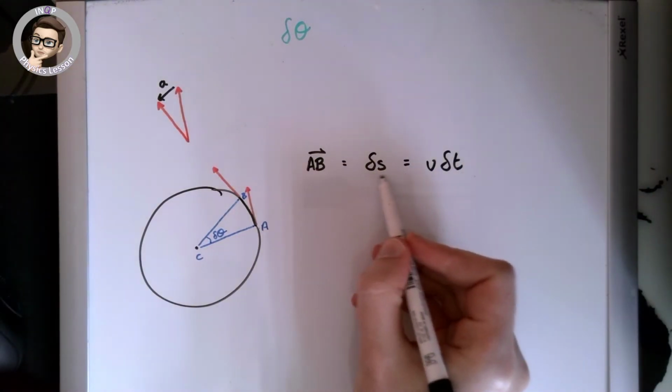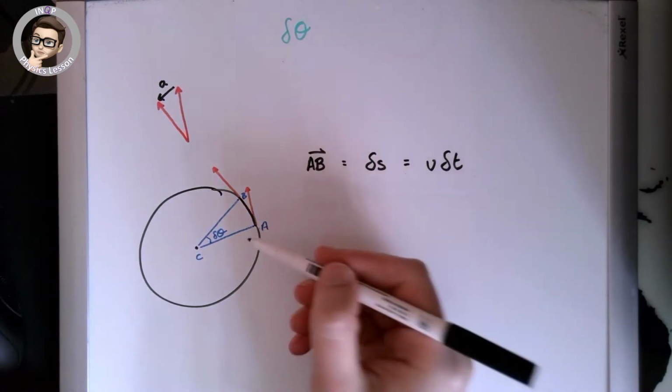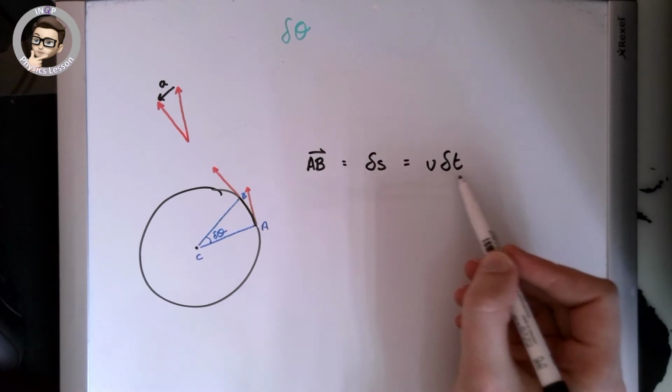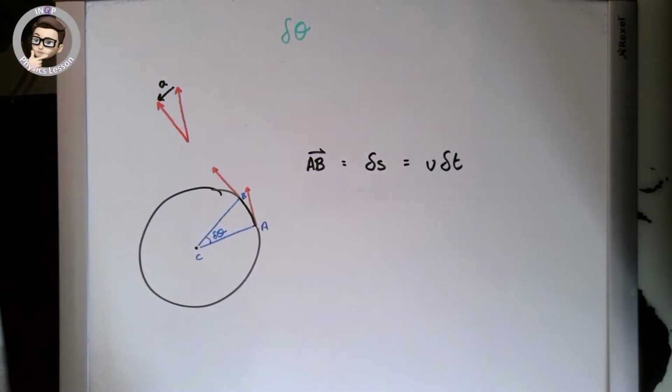So the change in the distance they move is going to be equal to their velocity multiplied by the change in time.